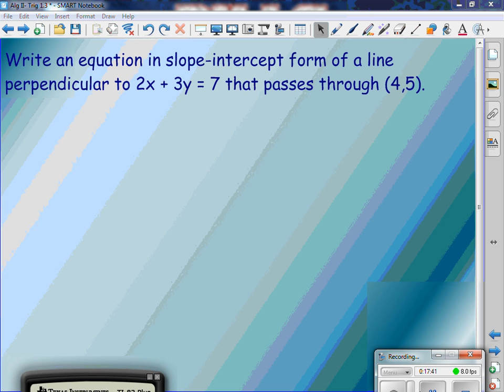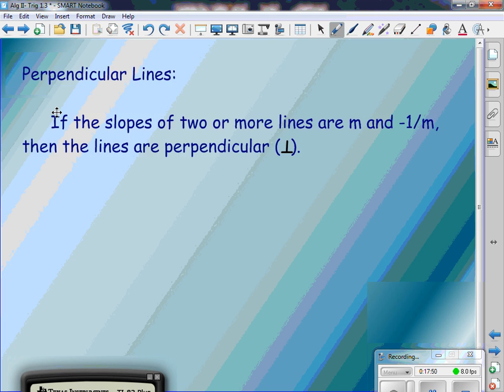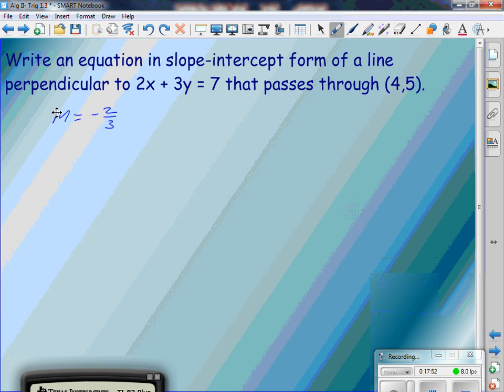I already have the slope, and having the slope is half the battle. My slope is negative 2/3. We got that from the problem before. What's my perpendicular slope? 3 over 2. You take the opposite sign and flip it.